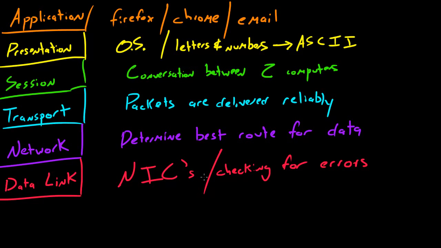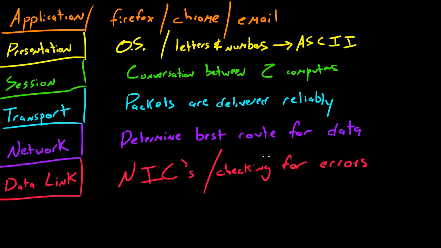So basically, just think of your network interface card as the main piece of hardware on your data link layer. Well, I don't want to say that because there are also switches, and we'll talk about switches and routers later on and the difference between all those. But basically, your network interface card and switches are the 2 most famous pieces of hardware on this layer, and it's responsible for checking for errors.